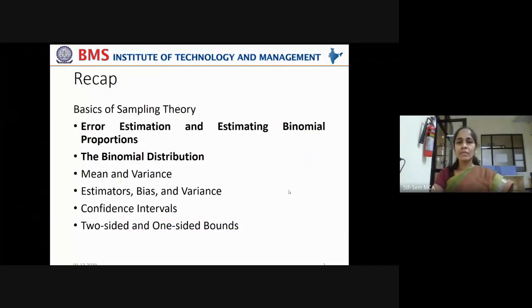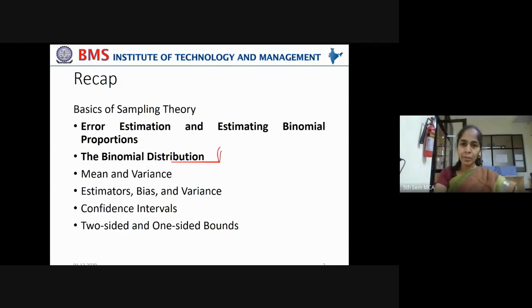In the last class, we covered two concepts: error estimation, and estimating binomial proportions and the binomial distribution. Now we have understood how error estimation in a machine learning model can be linked to this binomial distribution representation.